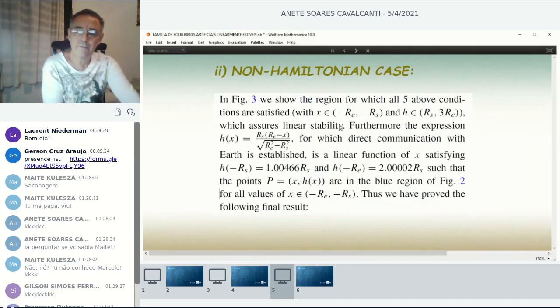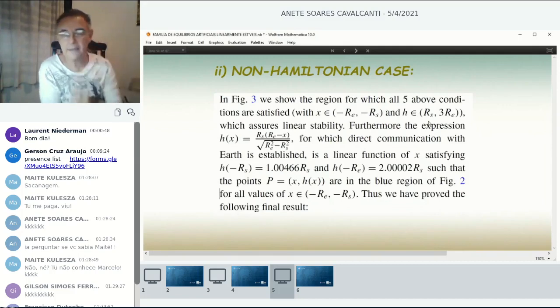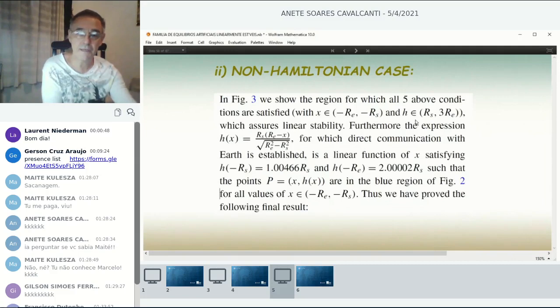And so I can find the values for x and h for which there are equilibria and they are linearly stable. Even more, as I have freedom in choosing either x and h, with a little bit of trigonometry, I can choose the value of h in such a way that it's high enough to allow direct communication with Earth.